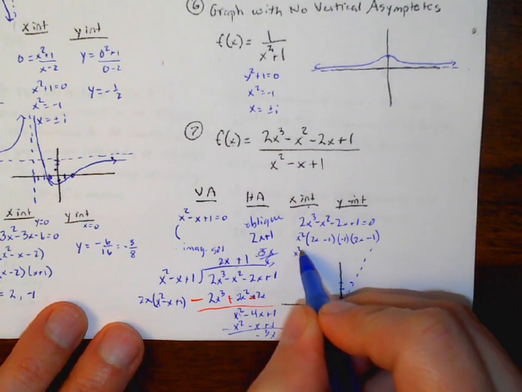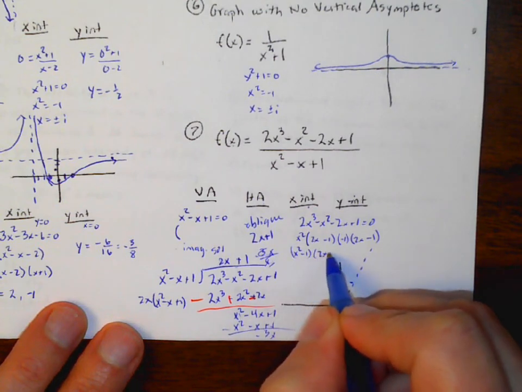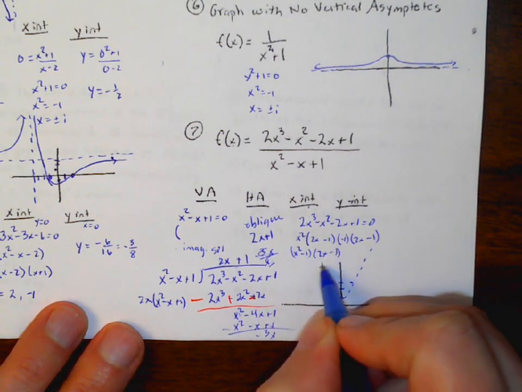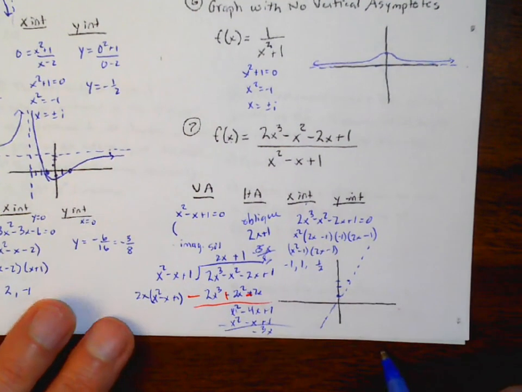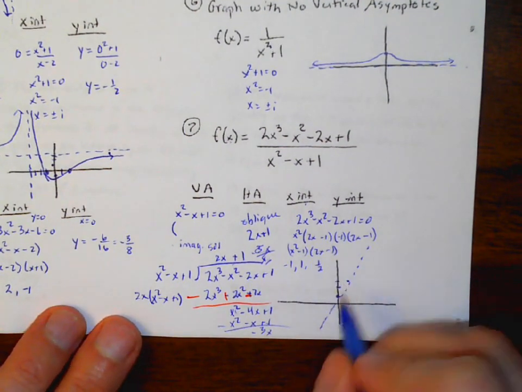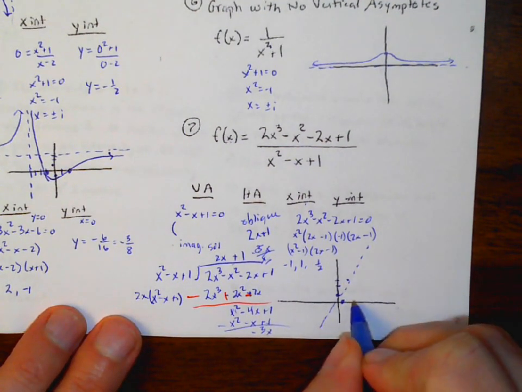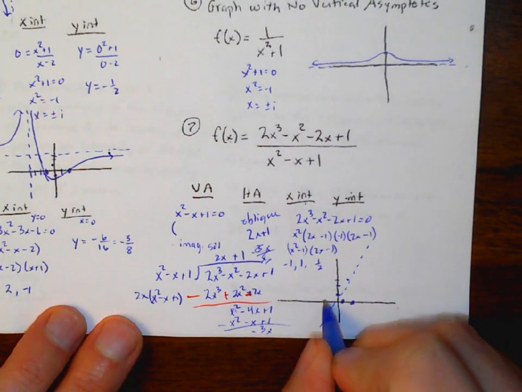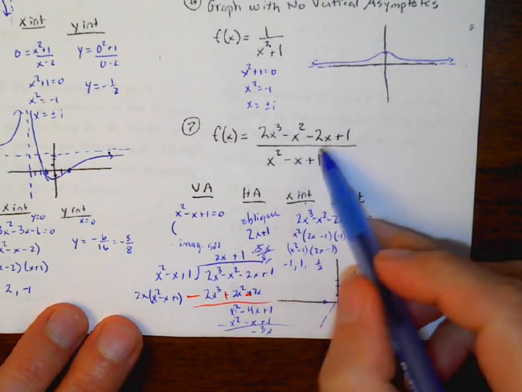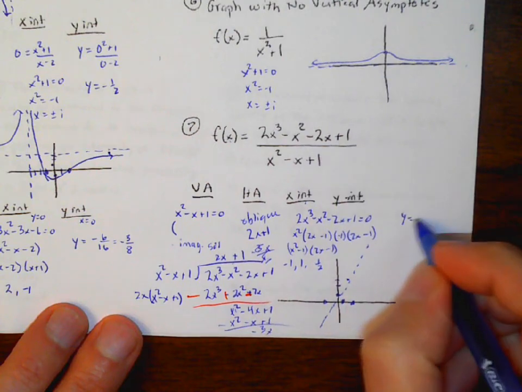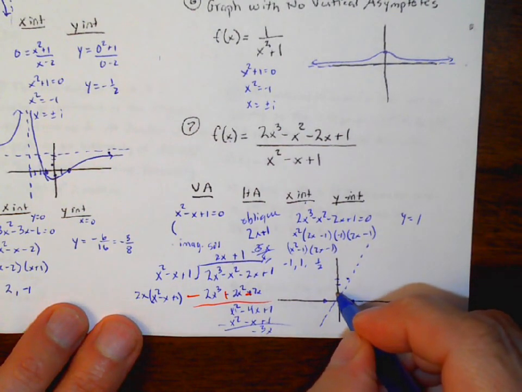So it'll be x squared minus 1 and 2x minus 1. So I'll have it at 1/2 and at 1 and at negative 1. The y-intercept is when my x is 0, so put x as 0 in here, I get 1 over 1. So y equals 1 right there.